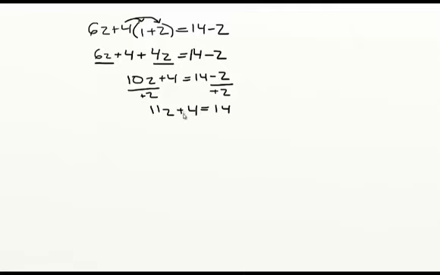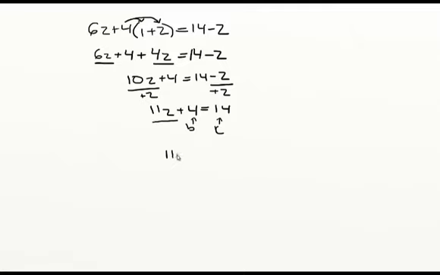Now we have an equation that looks like ax plus b equals a constant, right? So we have our ax here. This would be our b. And then our c is 14. So now what we can do is solve this by subtracting 4 from each side.